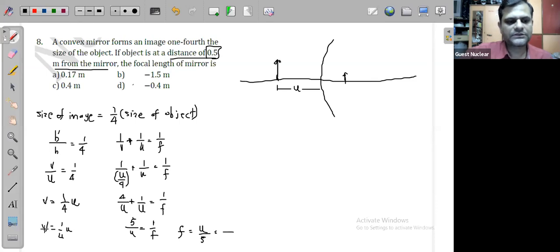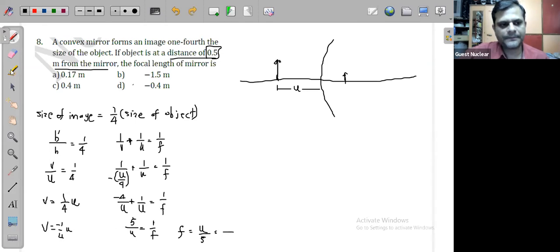So in order to make this v positive, we'll have to consider a minus sign here, because of which there will be a minus sign at this point, so that we get minus of 4 plus 1 upon u, and then actually it will be minus 3 upon u.